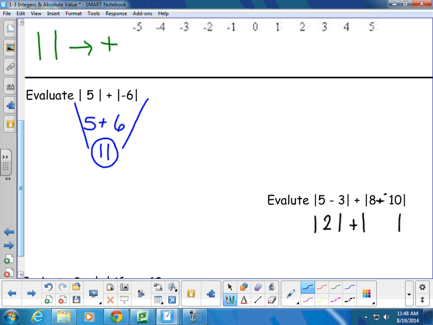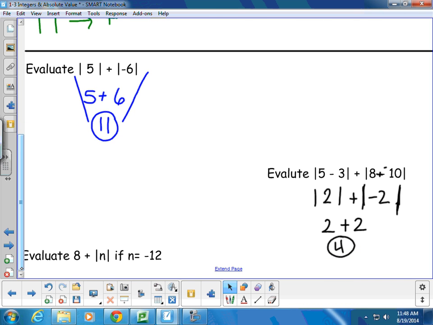We'll learn about these tricks, is, well, negative 2. 2 is 2 units away from 0. Negative 2 is also 2 units away from 0. So remember those symbols here, these lines, make what's inside a positive for a final value of 4. I think it's kind of neat. It's kind of just like changing roles.